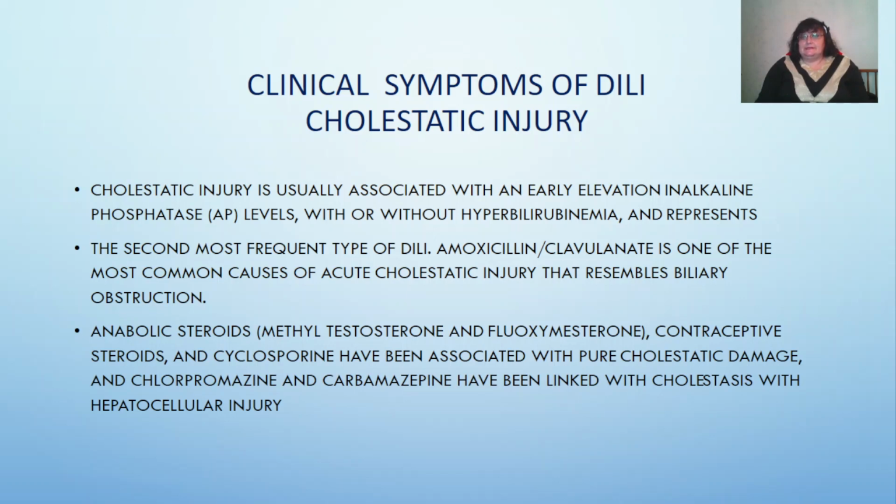Amoxicillin-clavulanate is one of the most common causes of acute cholestatic injury that resembles biliary obstruction. Anabolic steroids, methyltestosterone and fluoxymesterone, contraceptive steroids, and cyclosporine have been associated with pure cholestatic damage, and chlorpromazine and carbamazepine have been linked with cholestasis with hepatocellular injury.